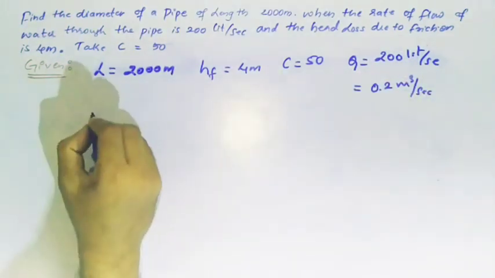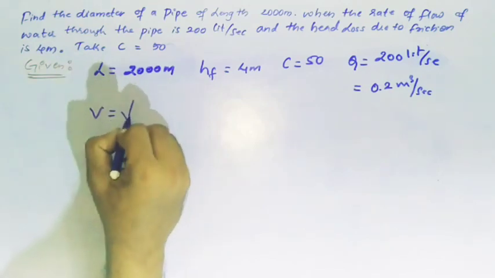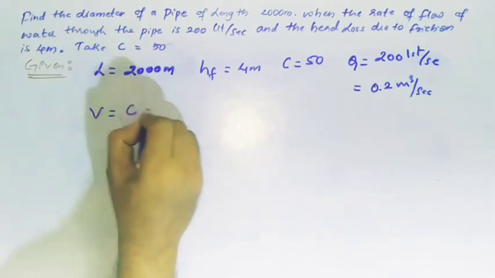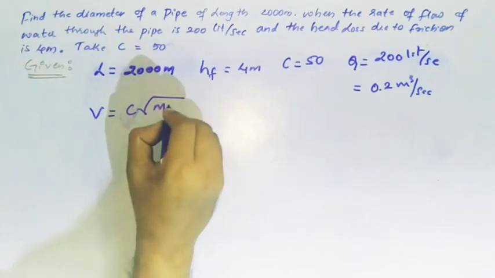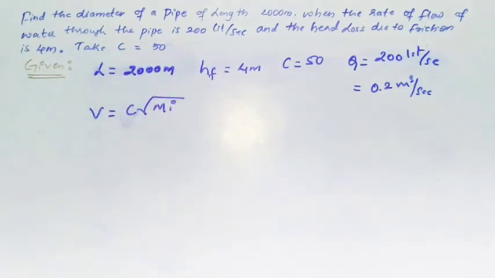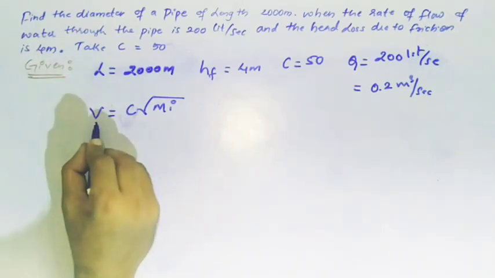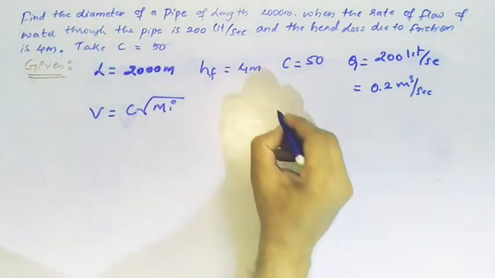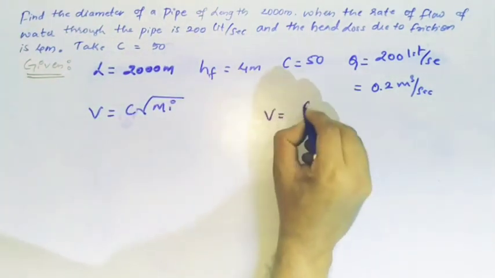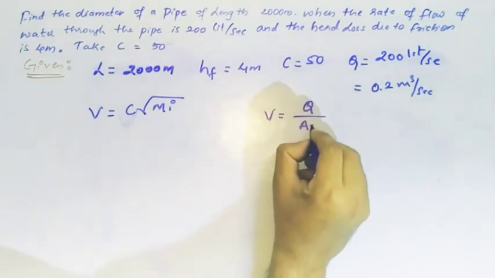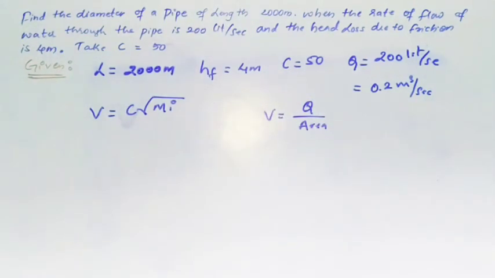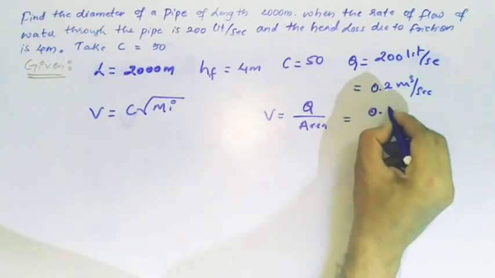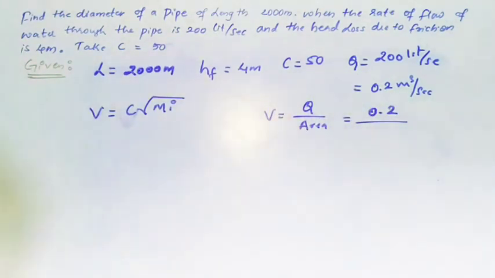Now we have the Chezy equation, velocity V equals C into root of m into I. But I don't know the velocity in this one, but I have Q, so velocity will be given by discharge divided by area, that is Q by A. The area I cannot calculate because d needs to be calculated.